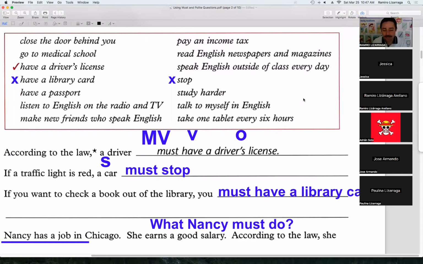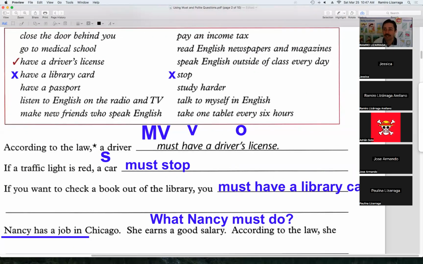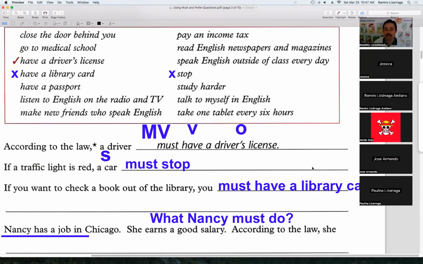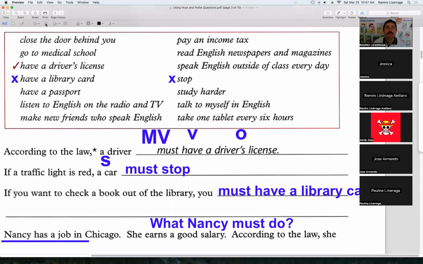Esto es lo que hacemos los adultos cuando tenemos un trabajo. Tenemos un ingreso. Tenemos que darle algo al gobierno. A ver, ¿cuál será la respuesta? Participen. Anielín, adelante. She must pay an income tax.